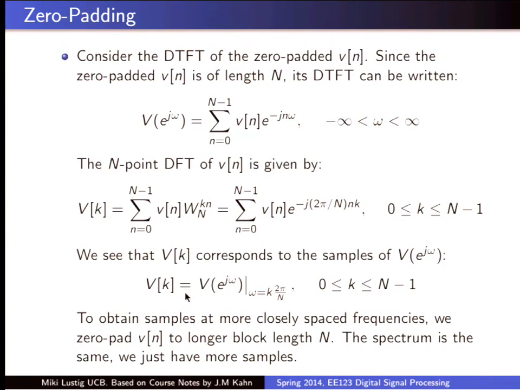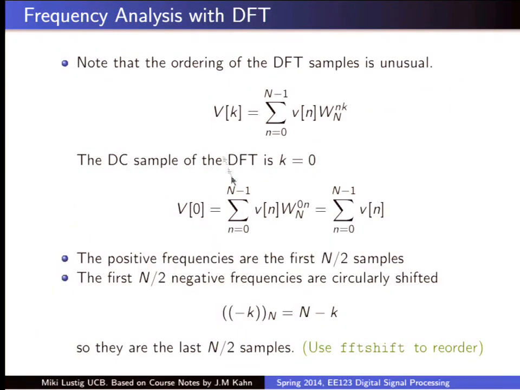Now, the other thing is that the ordering of the DFT is unusual, and that is also a source of confusion. The DFT assumes that n equals 0 of the signal is in the beginning. It also assumes that k equals 0, or the DC, the zero frequency, is also in the beginning.